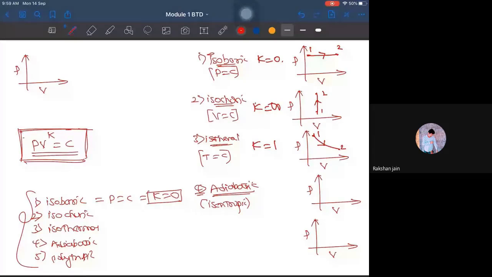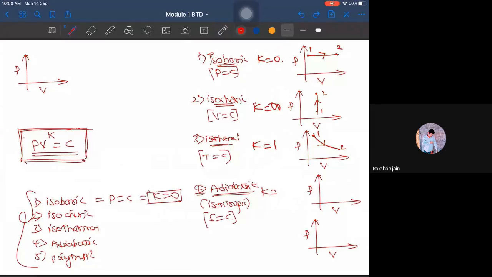What is entropy? You'll understand somewhere near the end of module 2, where you come across the second law of thermodynamics. As of now, just remember, your adiabatic process is nothing but your isentropic process, where the entropy, denoted by S, is constant. Now, the value of k for this process is not 1, not infinity, and not 0.